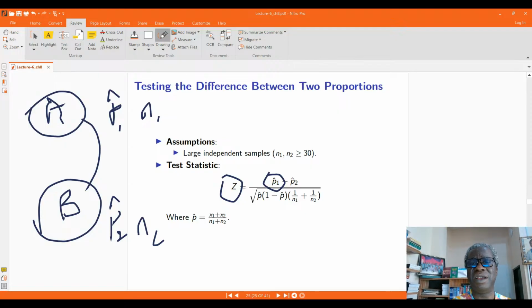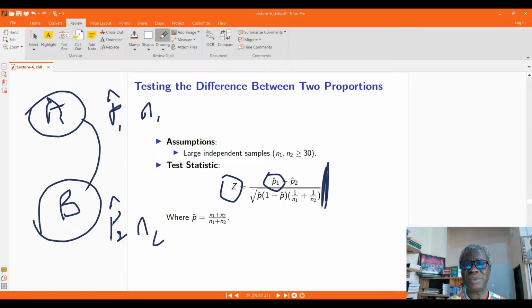So you can easily substitute in this expression. P1 is the sample proportion in population 1. P2 is the sample proportion from population 2. N1 is the sample size drawn from population 1. N2 is the sample size drawn from population 2.